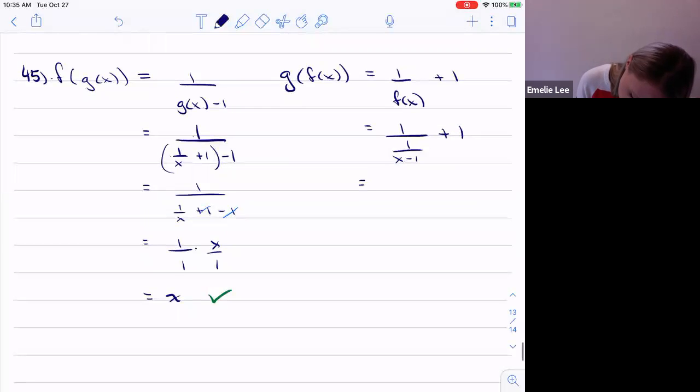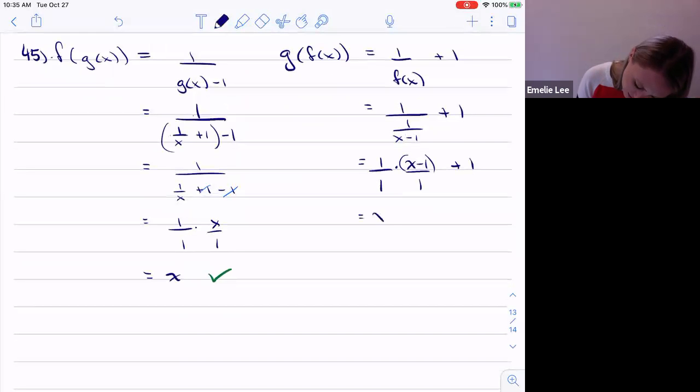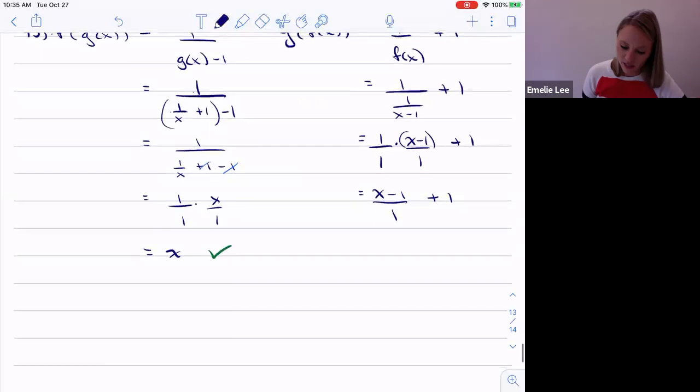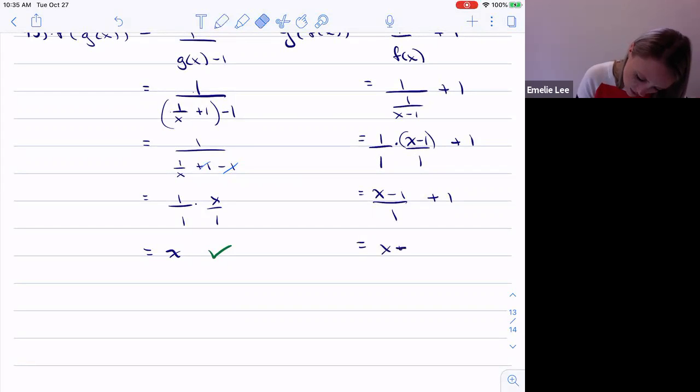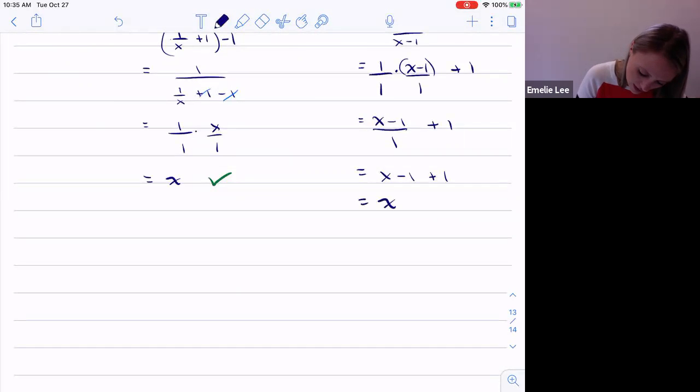But I get 1 over 1 times x minus 1 over 1, and then plus 1 becomes x minus 1 over 1 plus 1. Hey, looking nice, right? X minus 1 plus 1 is just x again.